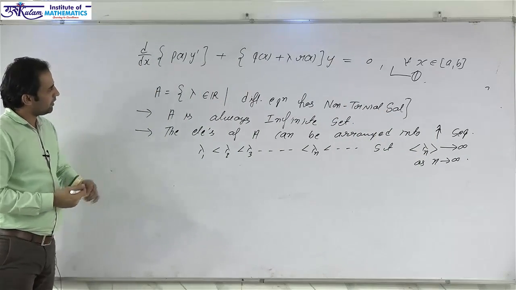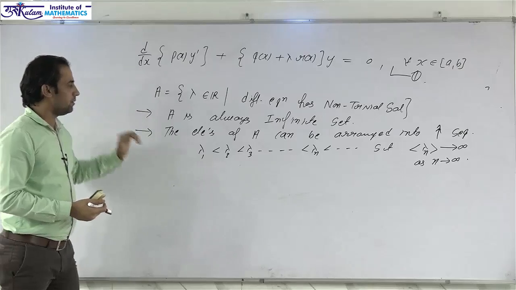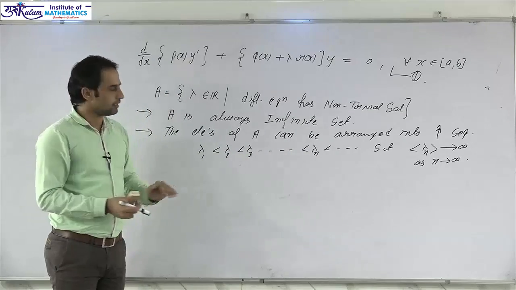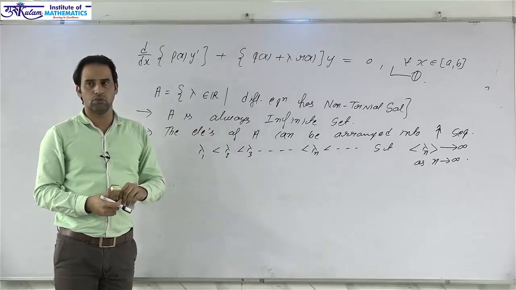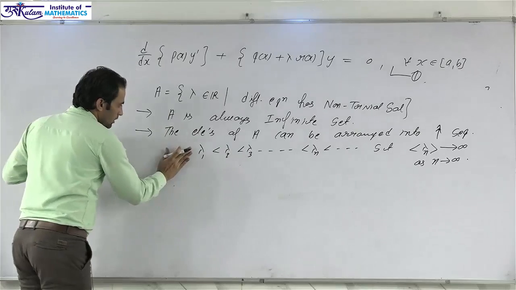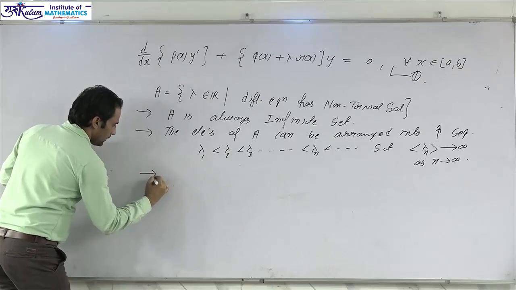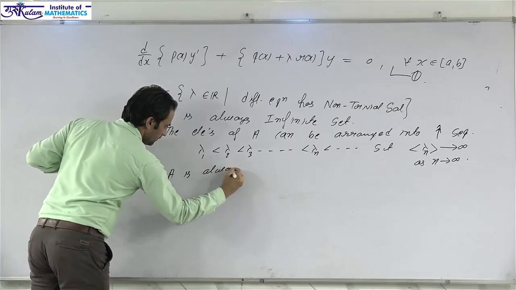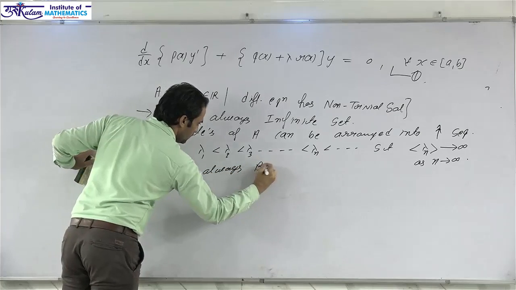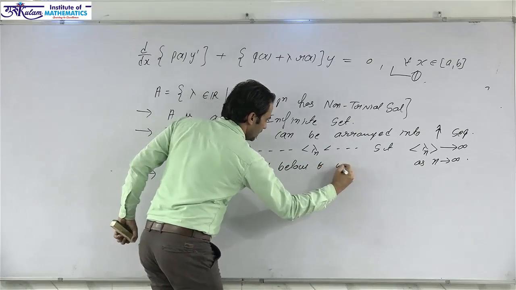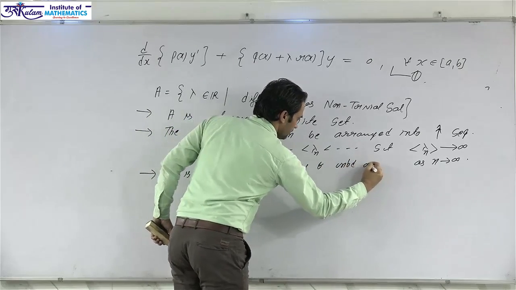That is, every element of this set can be arranged into a strictly increasing sequence, and this sequence must diverge to infinity as n tends to infinity. And from this property we can directly imply that A is always bounded below and unbounded above.